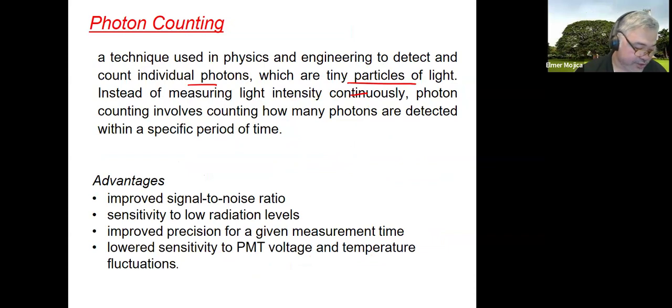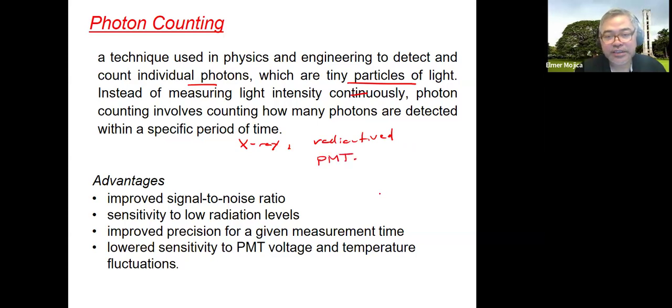Okay, so they have used it for many years in X-ray, radioactive species, okay, usually in PMT. The way I used it is time-correlated single photon counting, TCSPC, some sort of that.